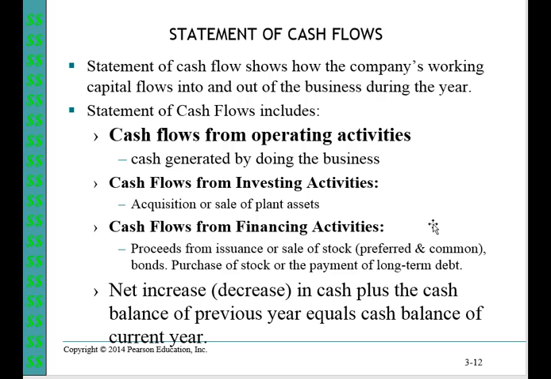There is another financial statement that's very important. It's called the statement of cash flows. Essentially, what this statement shows us, it really breaks management's decision making into three categories. Managers have to decide how to operate the company.